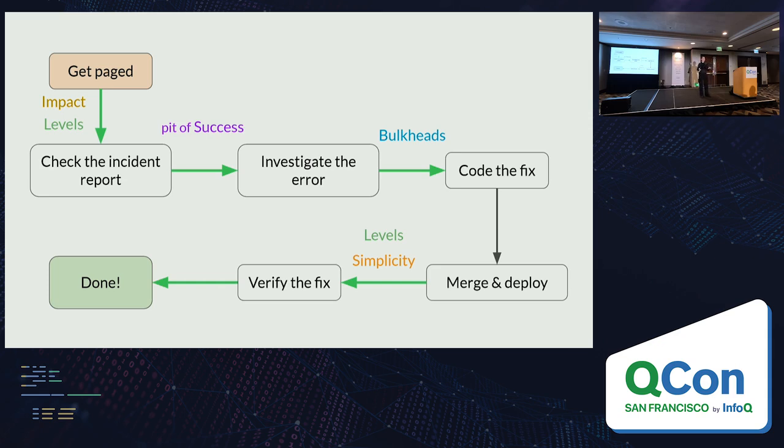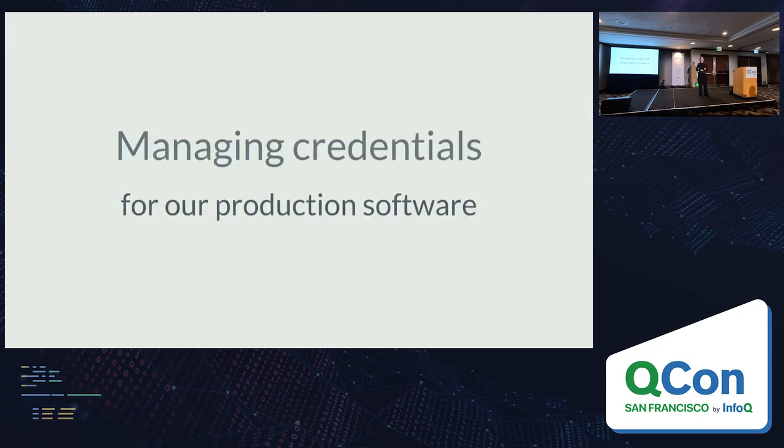We said all the code has to go through the pipeline, no manual access to production infrastructure, but our production software sometimes needs to authenticate with third parties like cloud providers or payment providers and whatnot. So how do we get the credentials into our production automatically without exposing those credentials along the way?